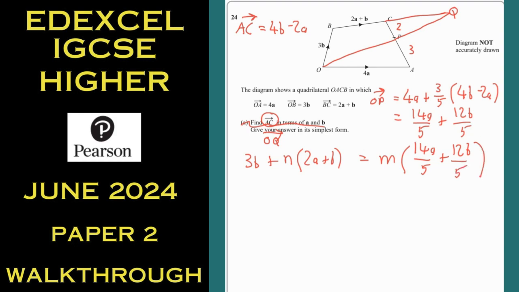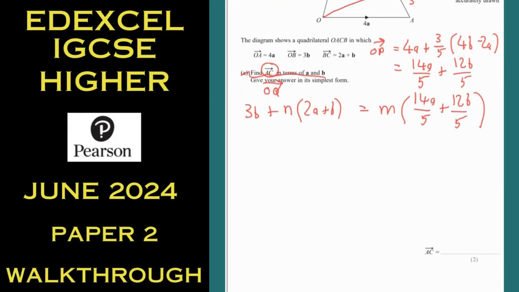Now, if you've watched any of my other videos, you'll know I do prefer this way of comparing coefficients, because it looks like you've introduced these letters and you can't work them out. Well, absolutely not. You can. The numbers next to vector A must be equal. So on the left-hand side, the only thing I've got next to A is 2n.